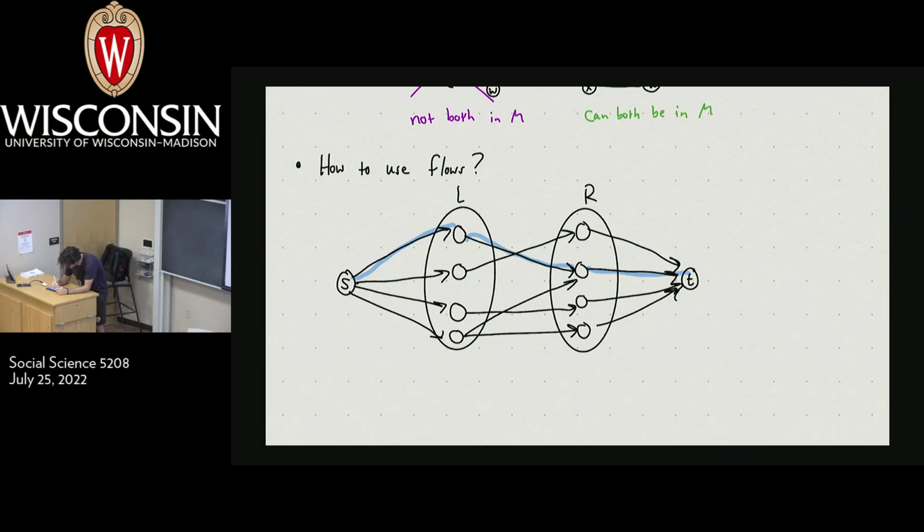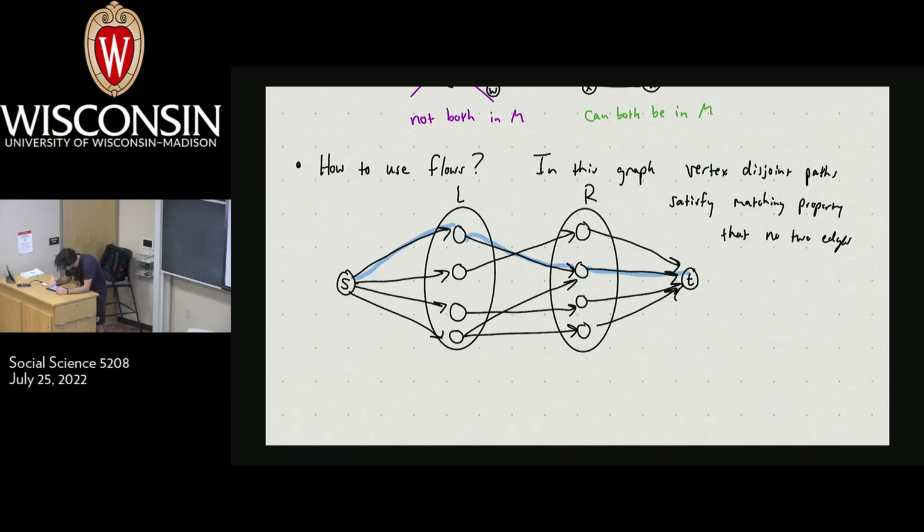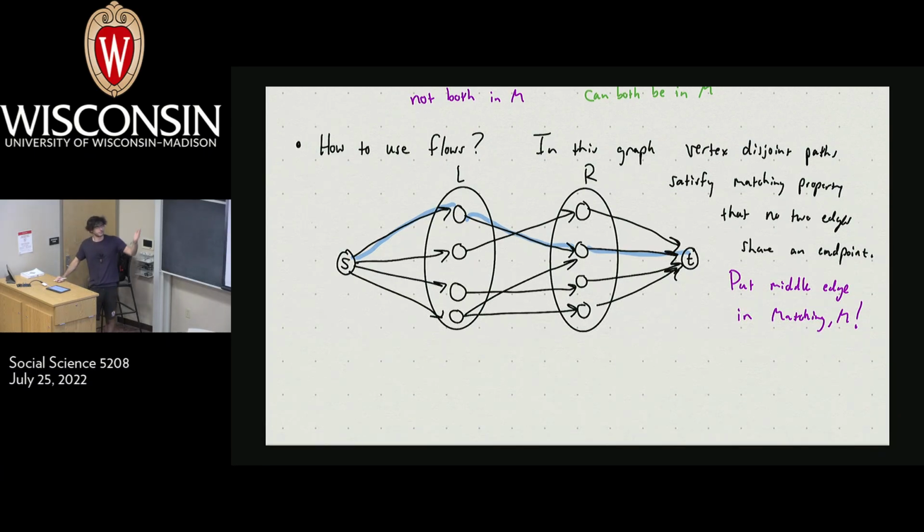So the rough idea here is in this graph, vertex disjoint paths satisfy the matching property that no two edges share an endpoint, and the middle edge on that path could then be in our matching, which we'll call M. And because every middle edge just corresponds directly to an original edge in the graph, this will be well defined.